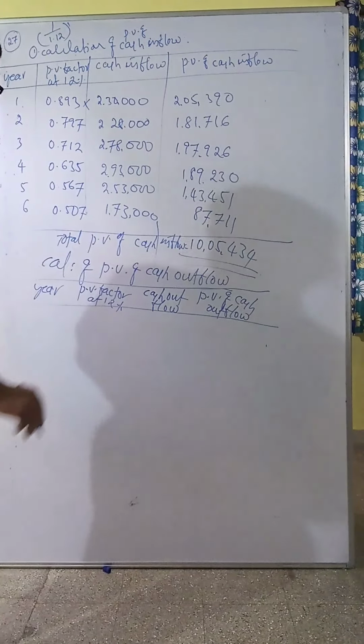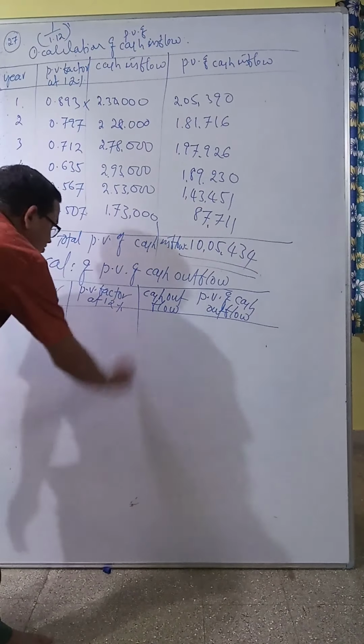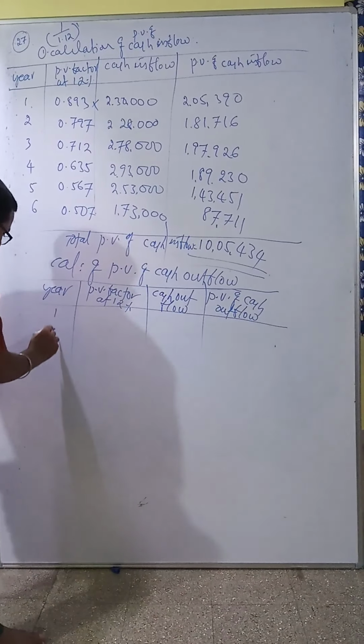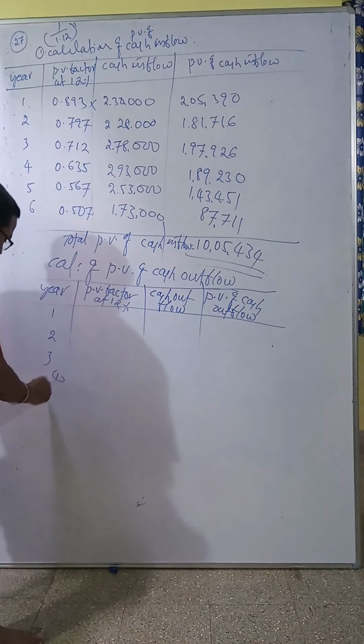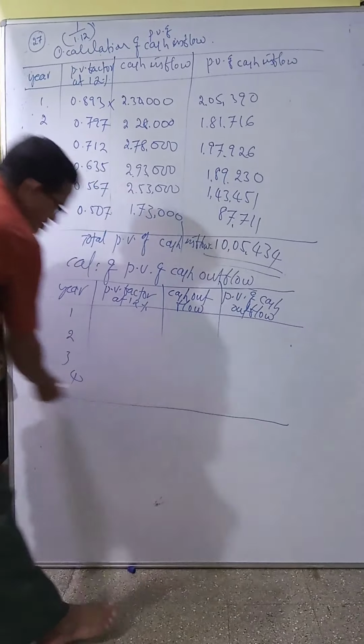Here they have given 1, 2, 3, 4 years for the cost of investment.